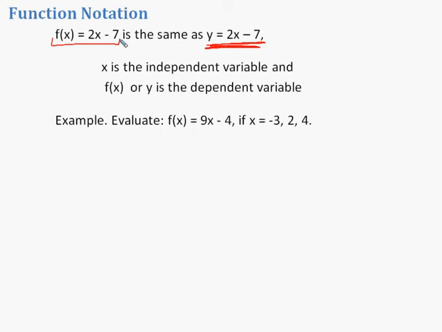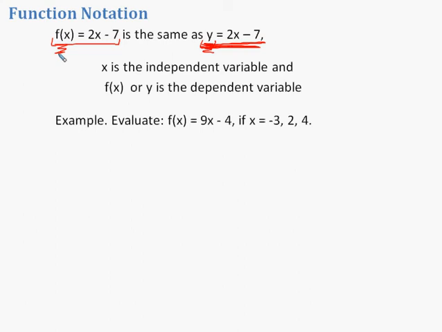So f of x really is the same as y. Just like x is the independent variable, and y is the dependent variable, f of x is the dependent variable. So x is our independent, and y, or f of x, is the dependent.